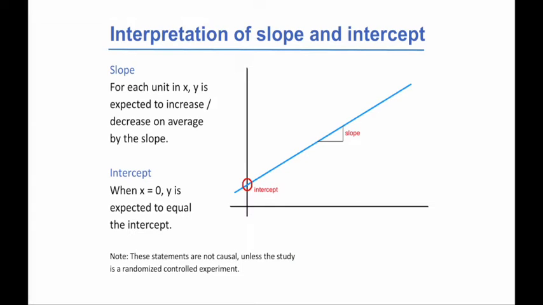And then the intercept: when your explanatory variable is 0, your response variable is expected to equal whatever the intercept is. Note, again, these statements are not causal. They're not saying that the x value causes the y value, unless this is a randomized controlled experiment. We are just making statements of correlation, not statements of causation.